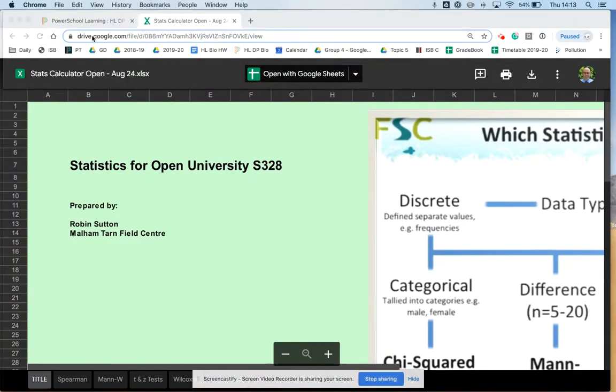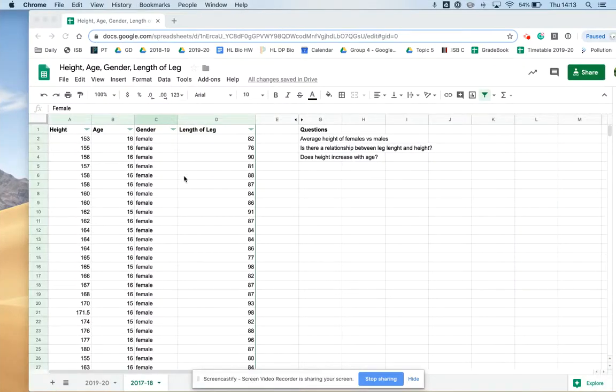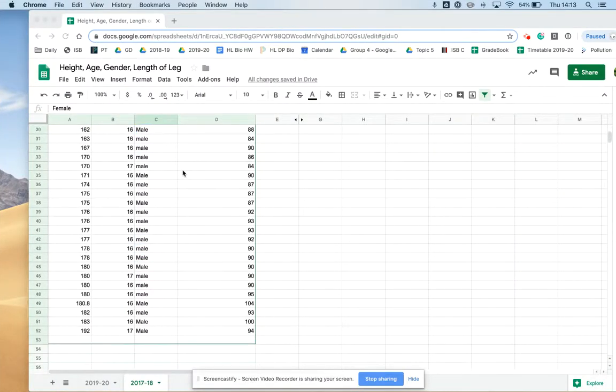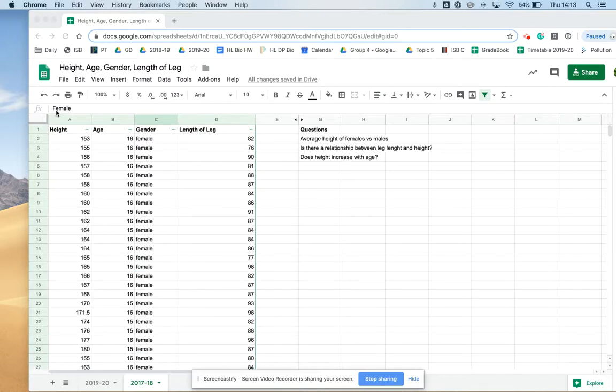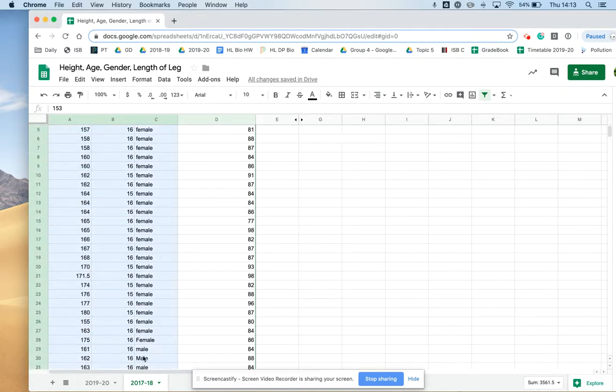So if we go back to, this is my data. This is some data from a couple years ago. So I have the height, age, gender, length of leg. Now, what I want to look at is what are the differences between the female heights and the male heights?